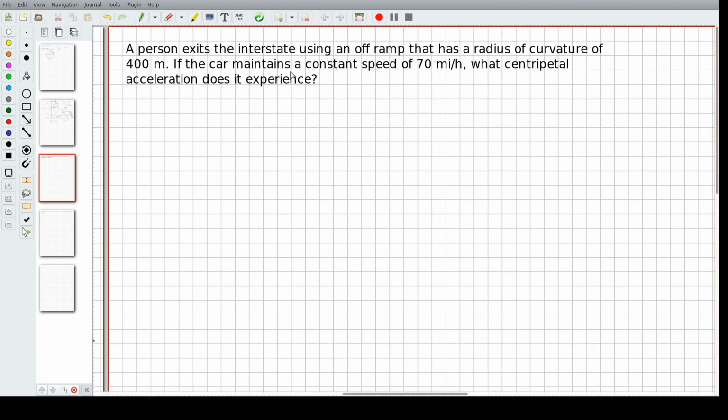You have a person that exits the interstate using an off-ramp that has a radius of curvature of 400 meters. If the car maintains a constant speed of 70 miles per hour, what centripetal acceleration does it experience? Okay, so I want you to imagine that this right here would be our interstate like that.